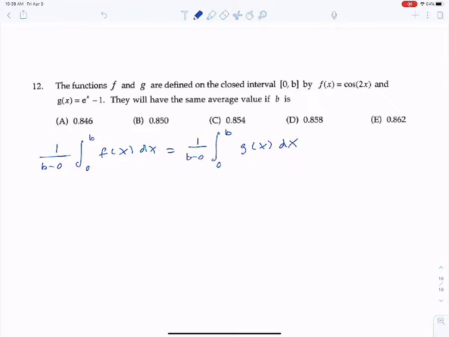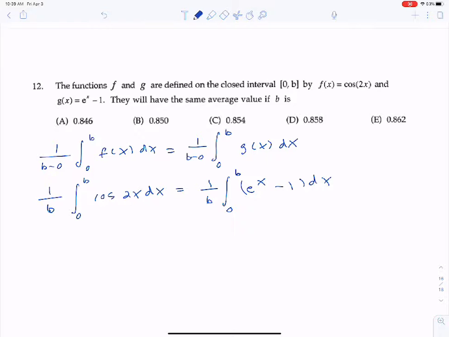Looks good. So from here, I get 1 over b times the integral of f of x, which is cosine 2x dx, and that's going to equal 1 over b, from 0 to b, of g of x, which is e to the x minus 1 dx.